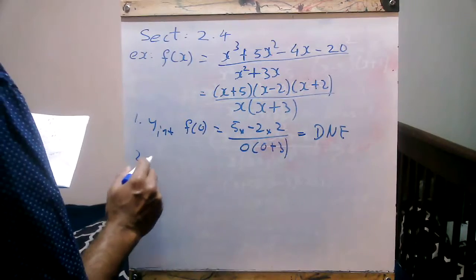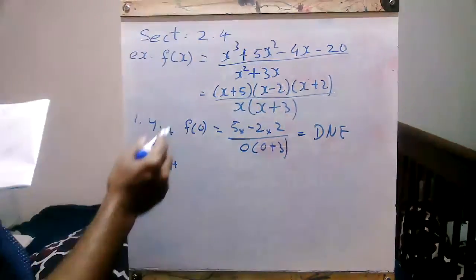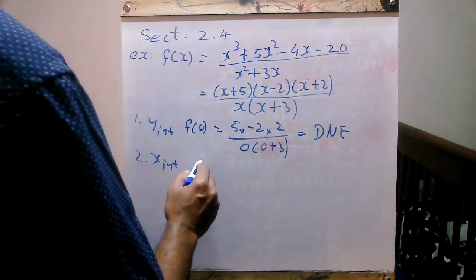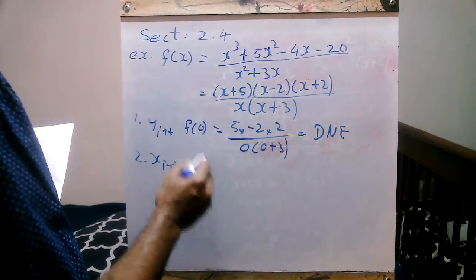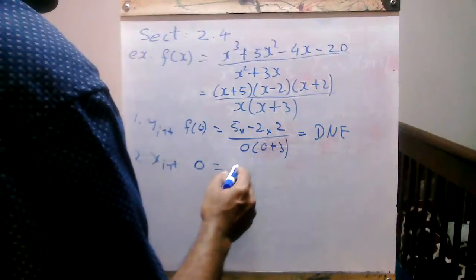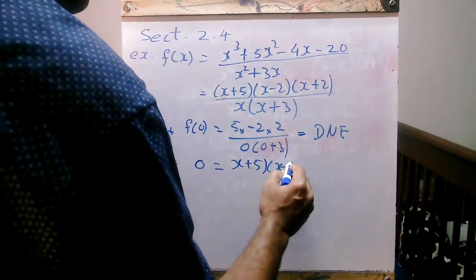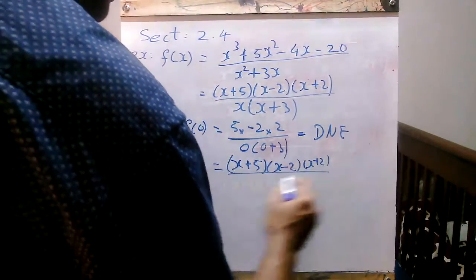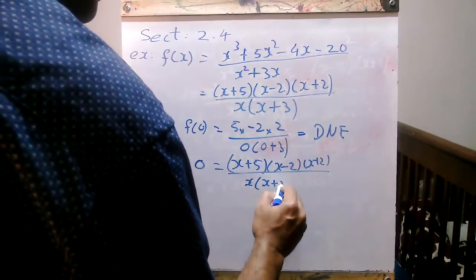Second thing, x-intercept. For the x-intercept we set f(x) to 0. When f(x) is 0, 0 equals, I write this factored form, (x plus 5)(x minus 2)(x plus 2) divided by x times (x plus 3).